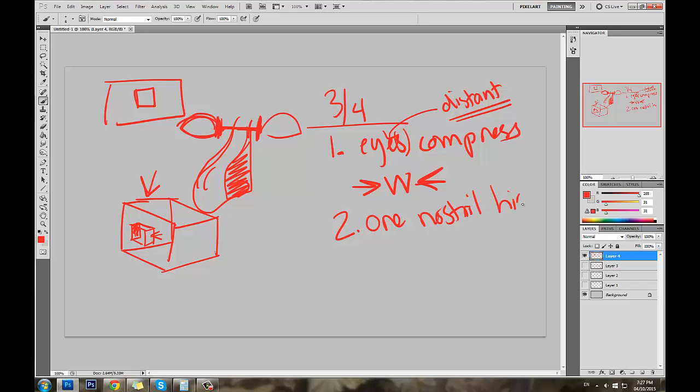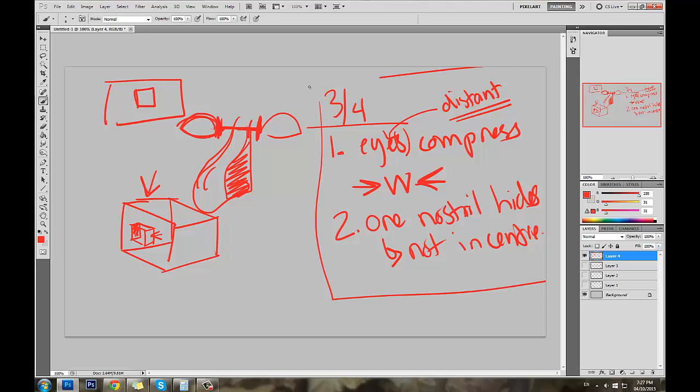Nostril hides, and the nose is not in the dead center. Not in center. What else? The eyes are not perfect distance. That's sort of the same point I made. Yeah, I guess that's it. That's the two biggest rules. I can't really overcomplicate it because I'm trying to keep this video simple.